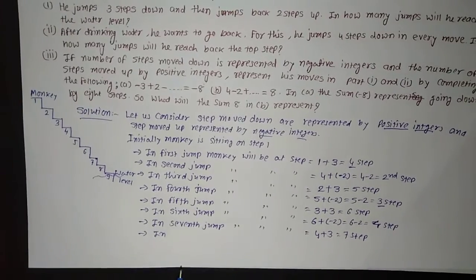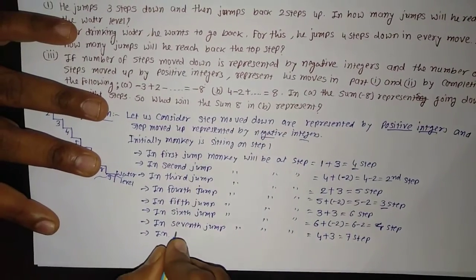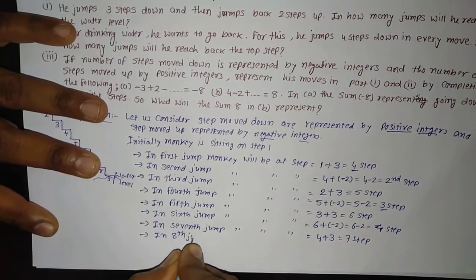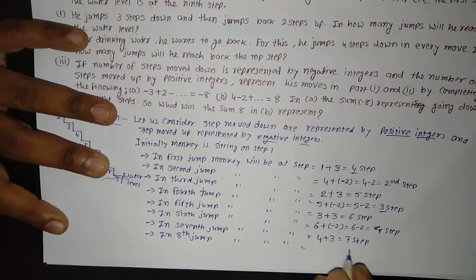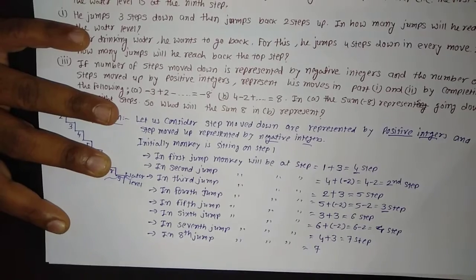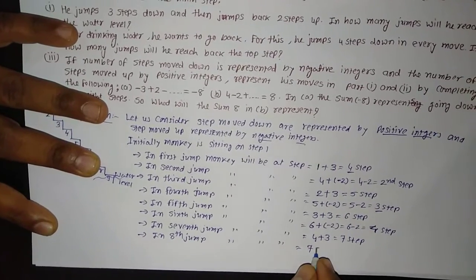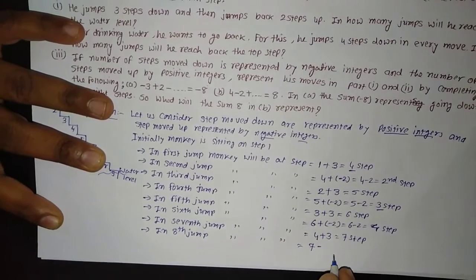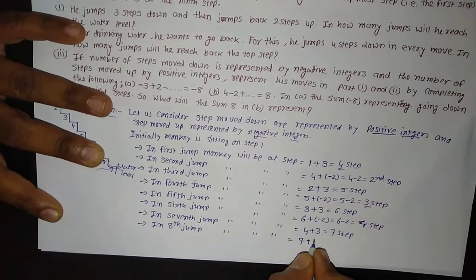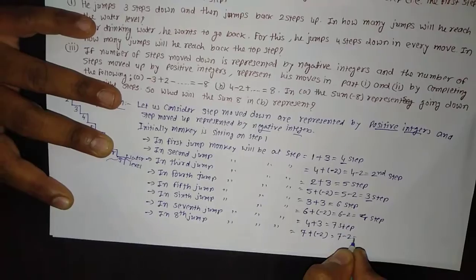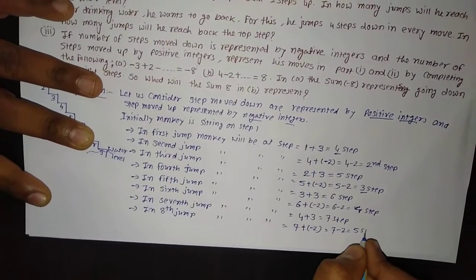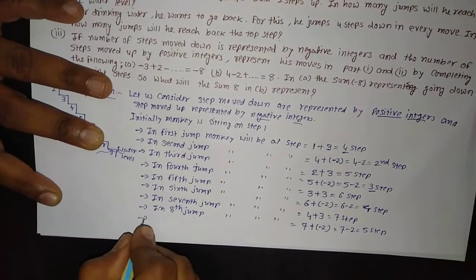In 8th jump, he was on 7. Now come back, that is 2 steps, plus that is minus 2. So 7 minus 2 is equal to 5th step.